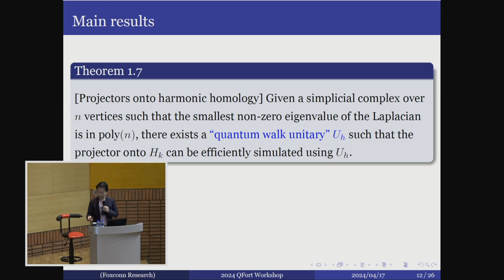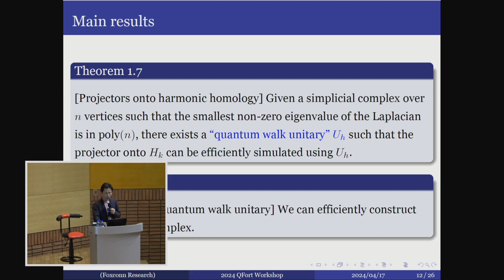The main result is that we can construct a quantum walk unitary that we can use to implement the projector to the K-th homology group, and then you can count the Betti numbers.